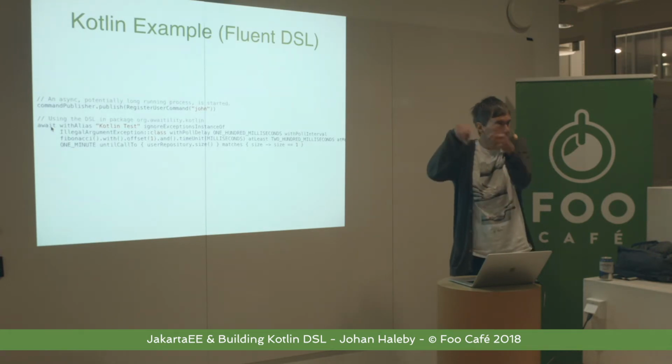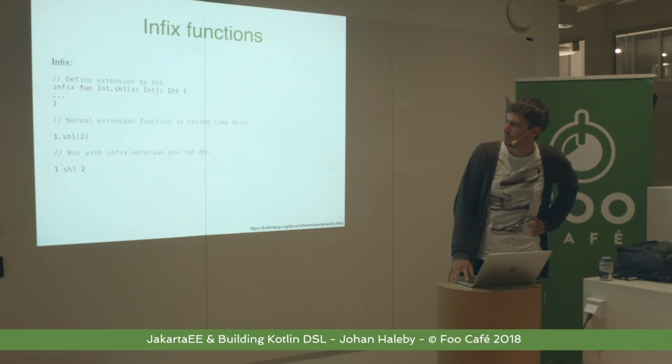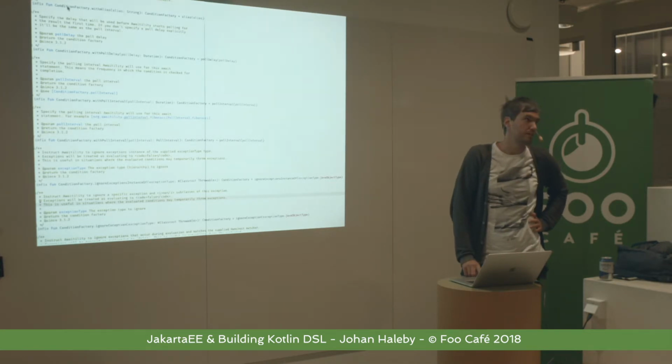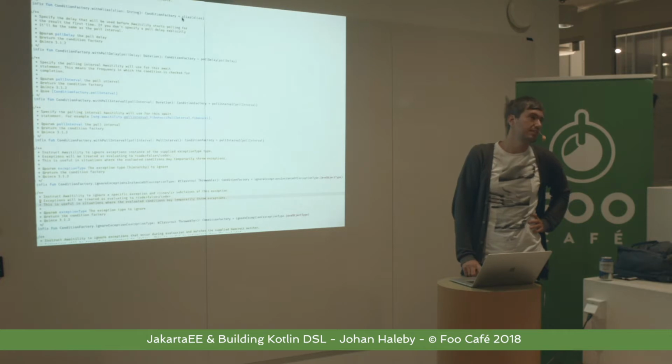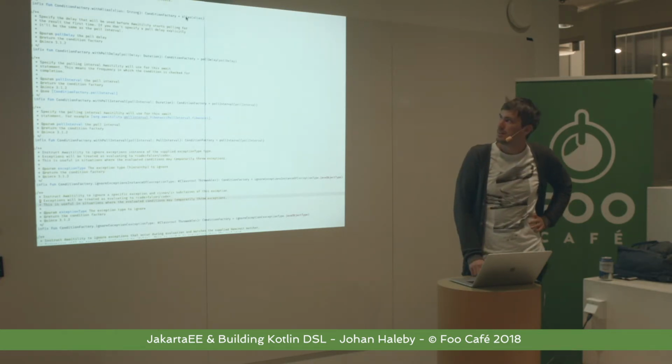This is what you invoke functions on to configure it. So here we simply create an extension function of the condition factory. That is, yeah, we have infix. And this is an expression function as well, so we don't have to specify curly braces.